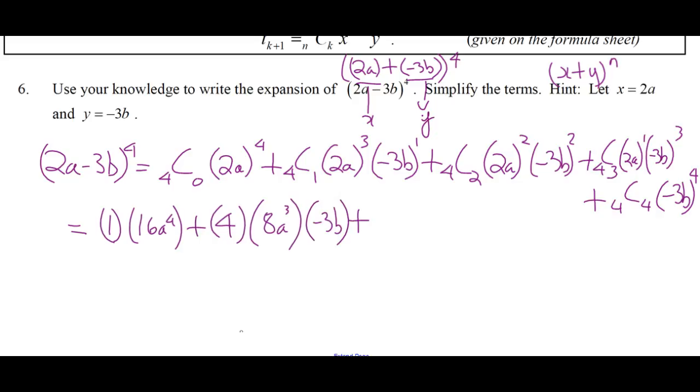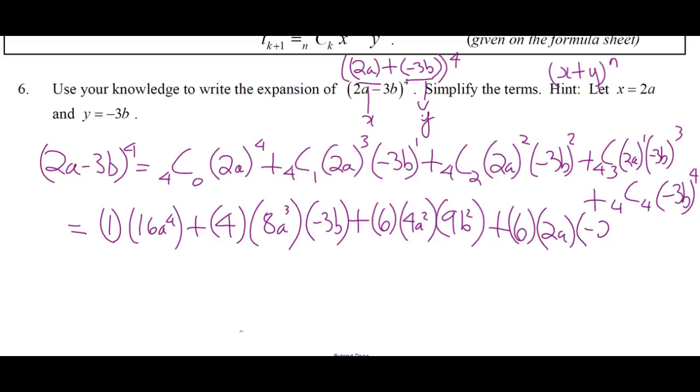Plus 4 choose 2 is 6. 2a squared is 4a squared, right? 2a quantity squared is 4 times a squared. Negative 3b quantity squared is 9b squared. Okay, plus, and we've got 4 choose 3, which is 6. 2a.